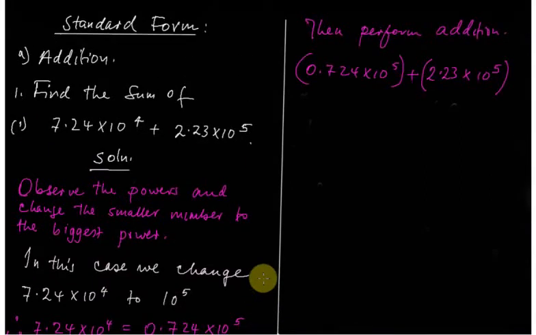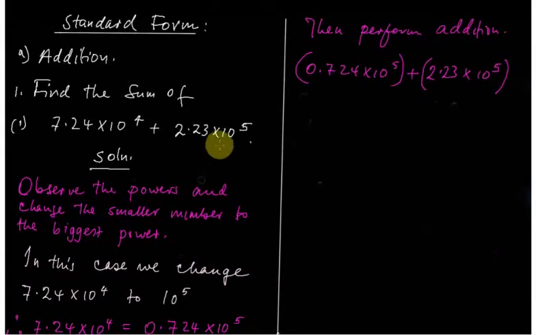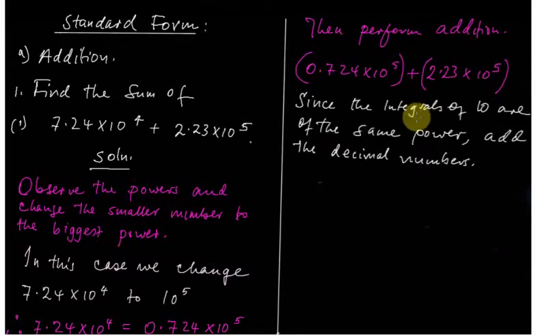This will now lead us to perform addition of these two numbers. Since they are now in the same power, we can perform addition. We add the decimal numbers. It's simple. We add this to this one because they are in the same power, and then give it the same power.